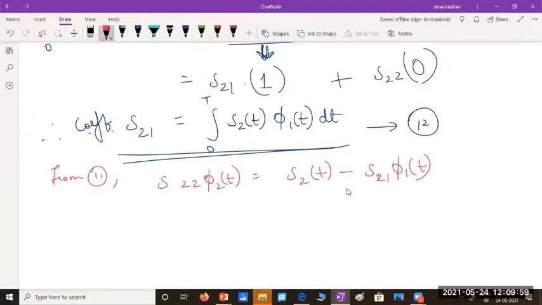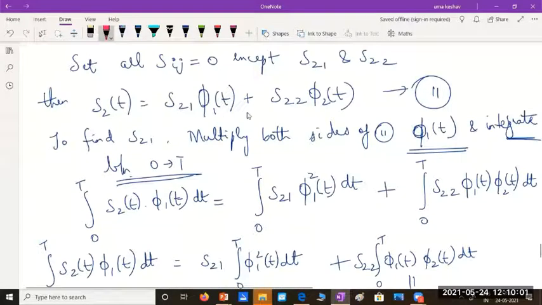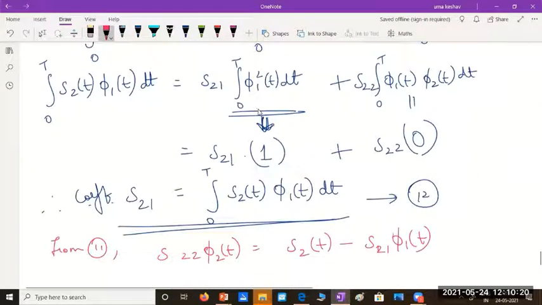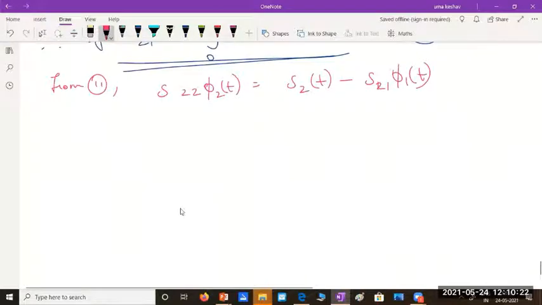I'm just shifting the known term. We know the value of S21 into phi 1. If I shift it to the left hand side, I'll get S2 minus S21 into phi 1 as S22 into phi 2. And remember, all the other coefficients have been taken as 0. We are trying to determine only these two.